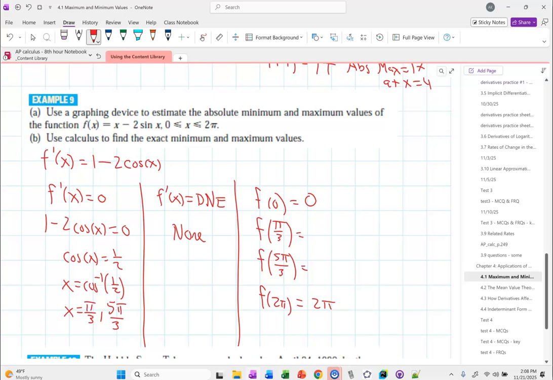Yes, that is the expectation. Think about the unit circle, though. 0 and 2 pi are coterminal, correct? That means they are at the same location. So if you knew this one, you should know that one. All right, f of pi over 3. Let's write this one down.